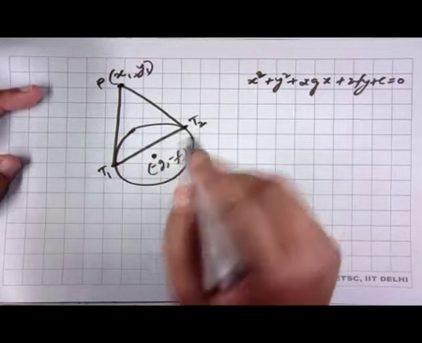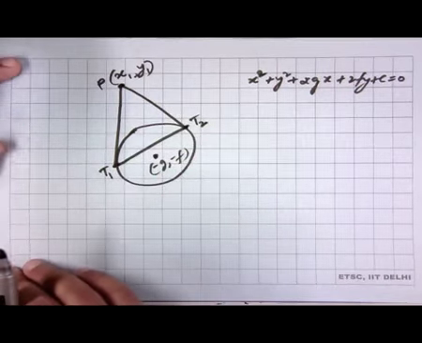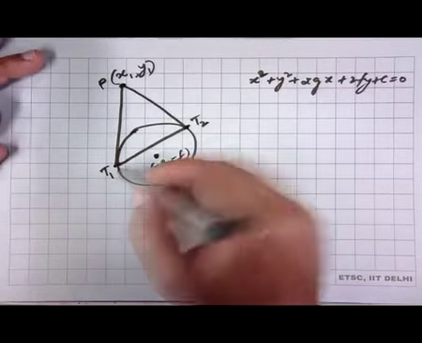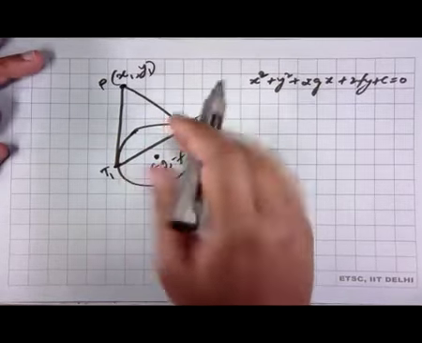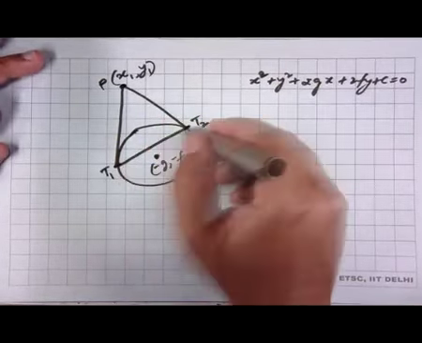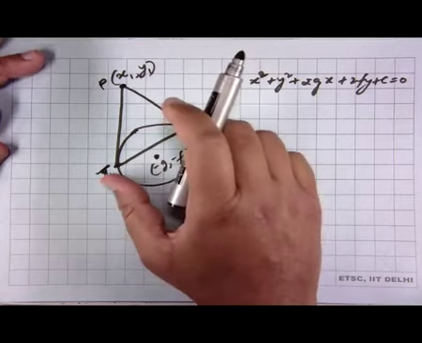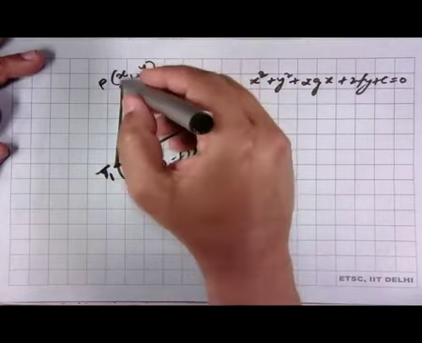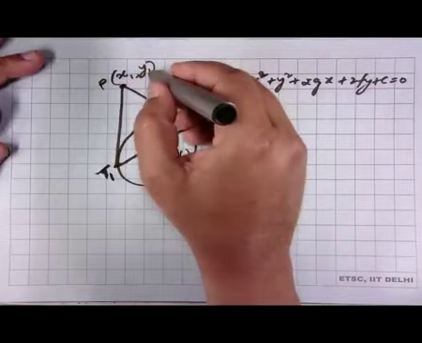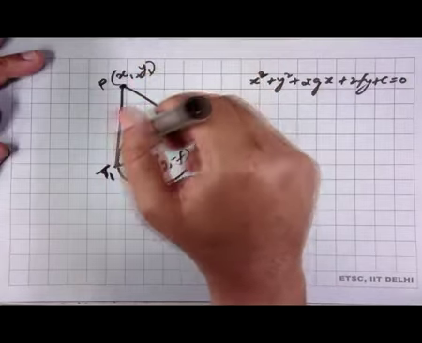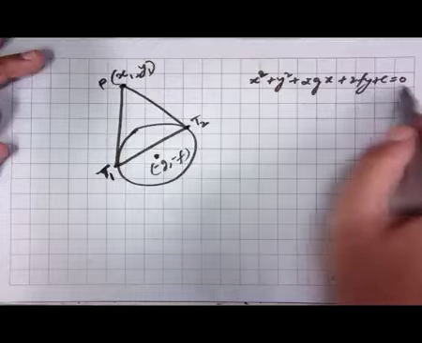So, the objective now is to find the equation of this chord of contact. So, this is called the chord of contact. So, this equation of the chord of contact T1 T2 for a given point P outside a given circle having this equation.